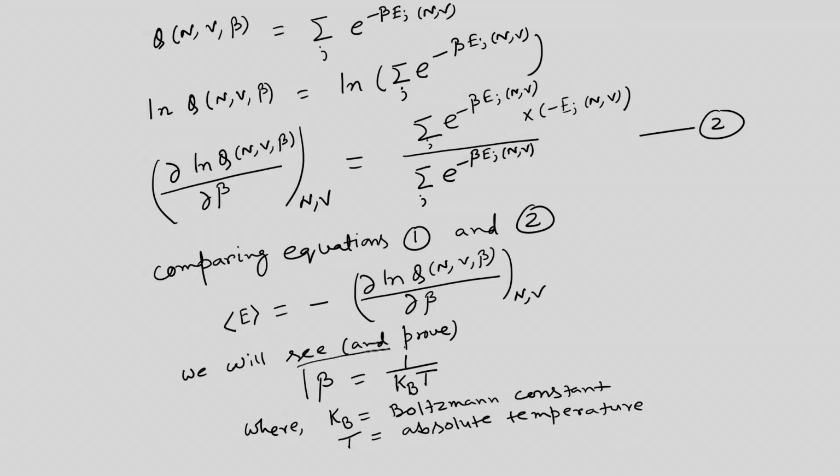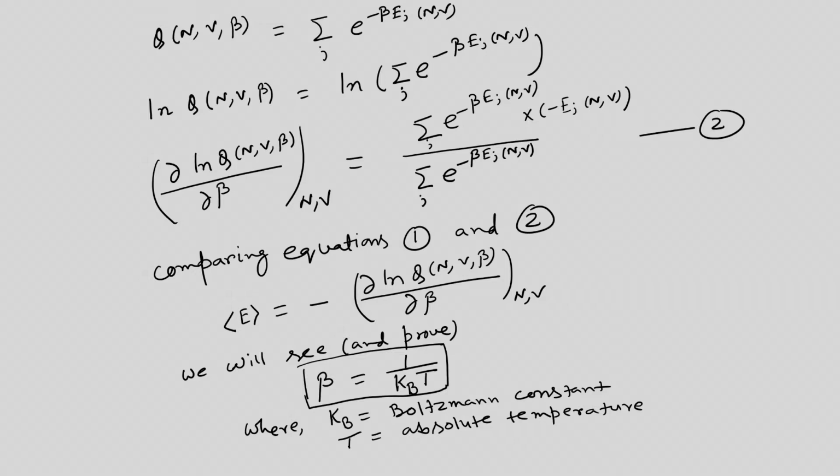So, this is the expression for beta, and we have obtained that average energy is minus del ln Q(N, V, beta) by del beta at constant N and V.